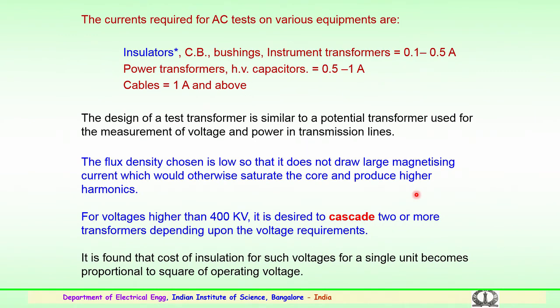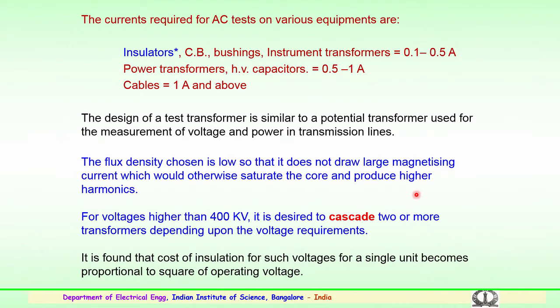and the currents required for the conduction of the AC tests vary with various equipments. There are standards for each of the equipments, what is the current to be applied and the duration to be applied.